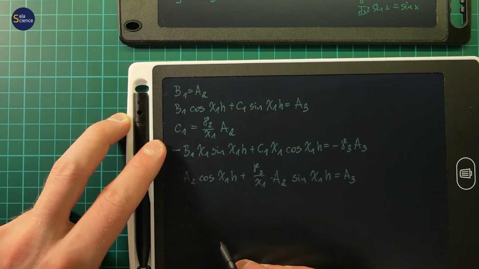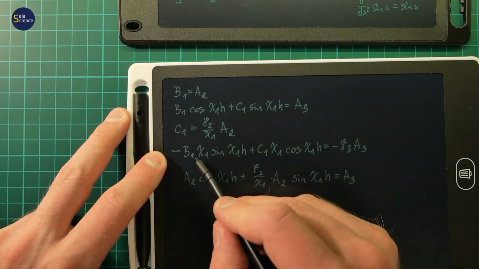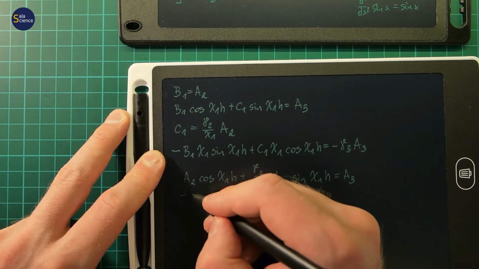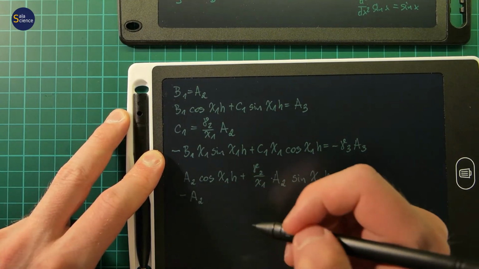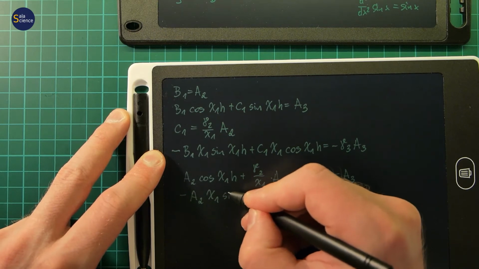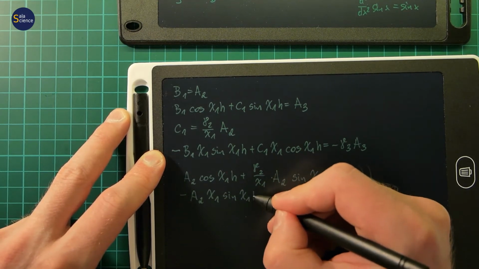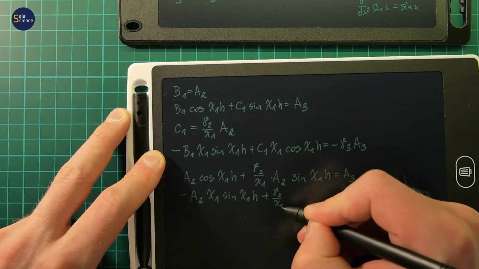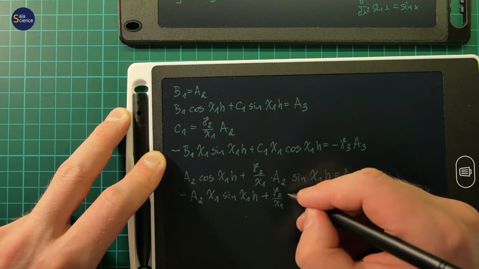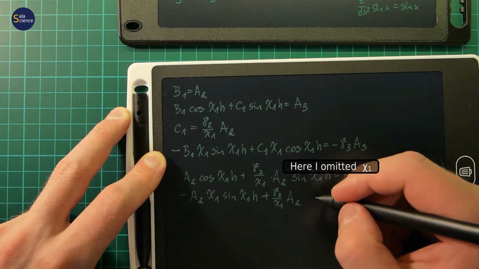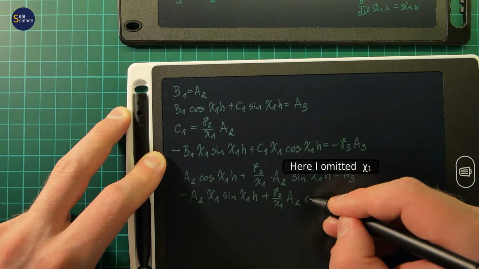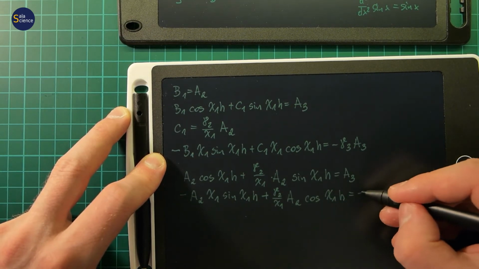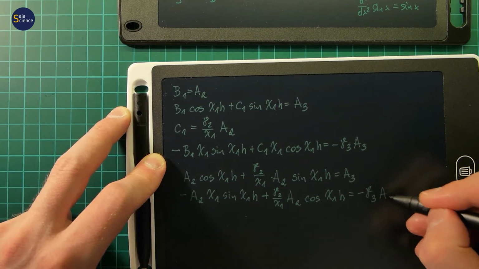And this equation can be expressed as minus a2 chi1 sine chi1 h plus gamma 2 over chi1 a2 cosine chi1 h equals minus gamma 3 a3.